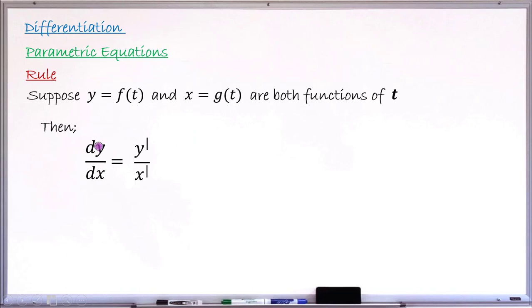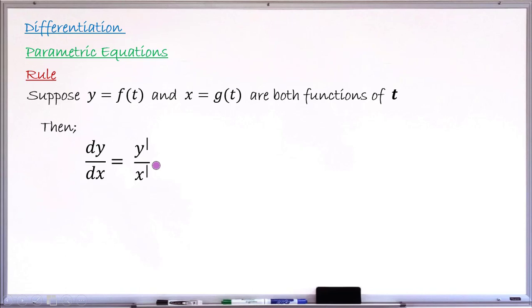If we are to find dy by dx, this is the function y, which is never in x, and this is the function x itself, which is never in y. So when asked to find dy by dx, this is what the rule tells us to do. You find y prime, that is the derivative of the function y, and you also find the derivative of the function x, because the two are separate functions, and you now divide them.